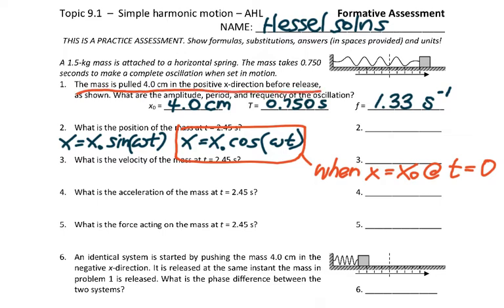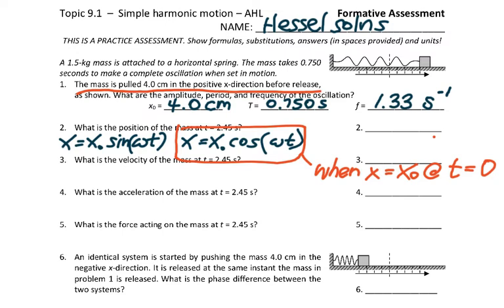So we are not actually starting with the mass in the equilibrium position in motion. Notice I said in motion, because if the mass were in the equilibrium position and it were not in motion, then nothing would be happening. So the mass at time 0 is not moving when time begins, but it is in the fully stretched position.